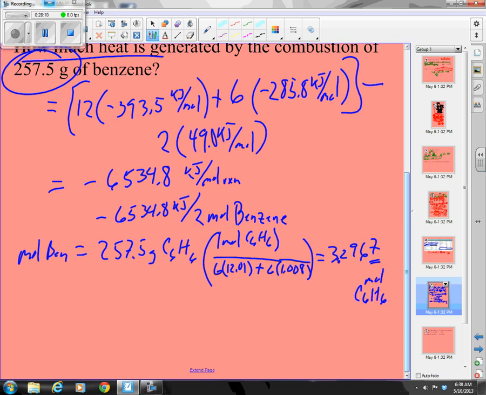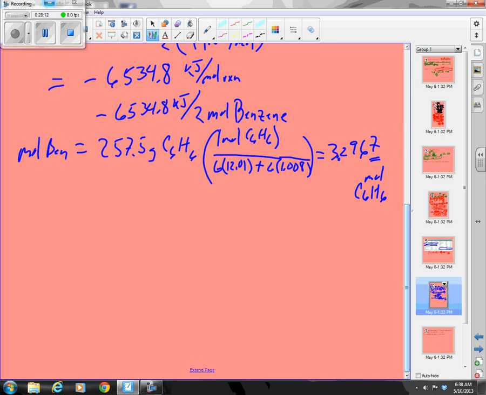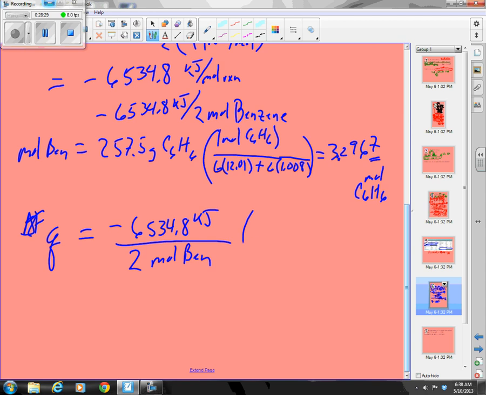Okay, now be careful here. We want the total heat released. Well, I have a negative 6534.8 kilojoules, but how many moles of benzene is that? That's per 2 moles of benzene. But how many moles of benzene do I really have? I really have 3.2967 moles of benzene. And now I can run the numbers, but don't forget about this 2 there.